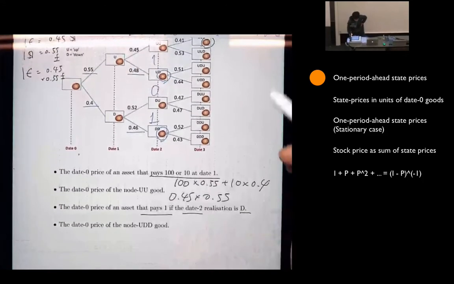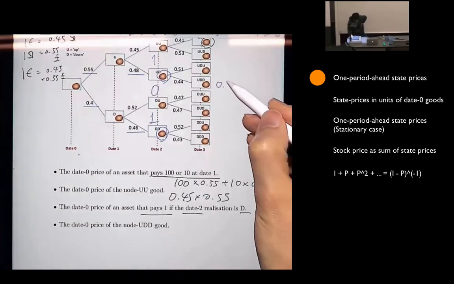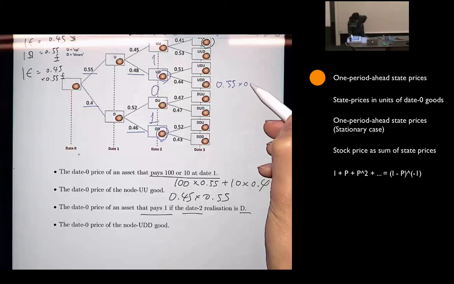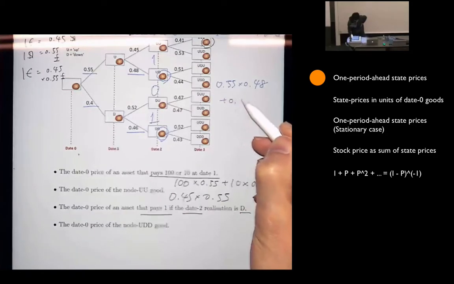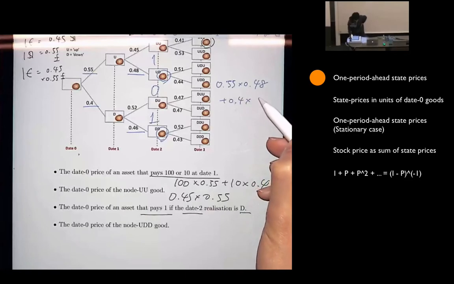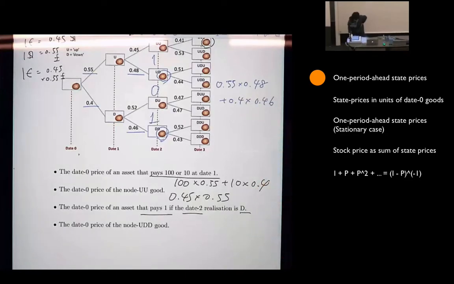So that's 0.55 times 0.48 plus 0.4 times 0.46.